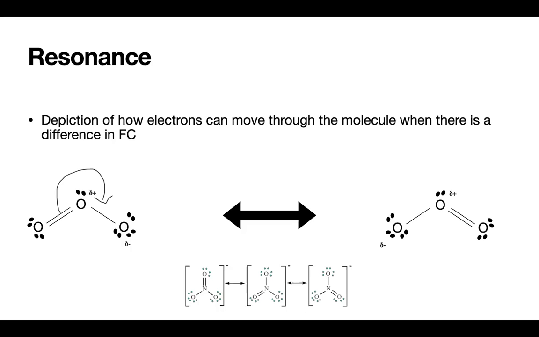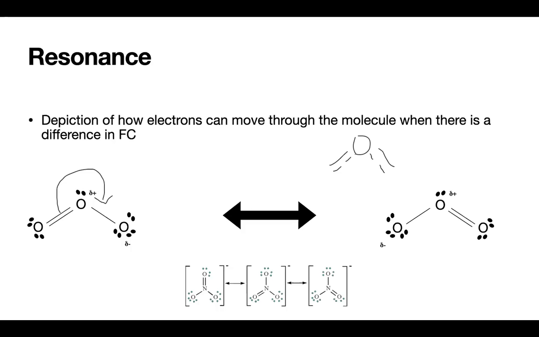So another way we could draw it is with a dotted line to represent that there is a double bond, but it's moving between those two positions within the molecule. And on the bottom there, you can see NO3 minus, so nitrate.